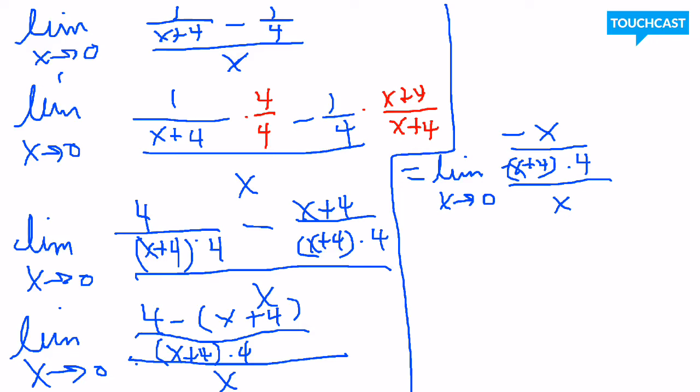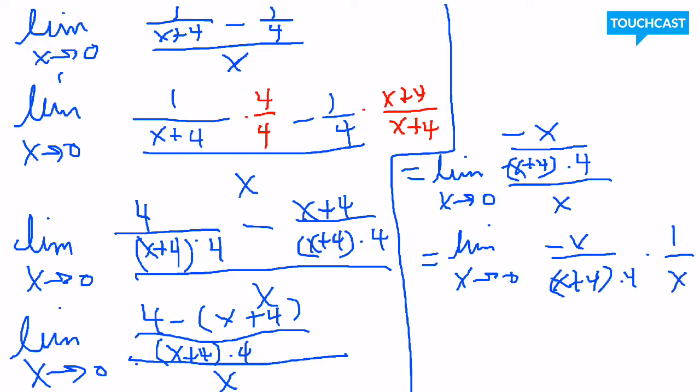That x I can think of as x over 1. This is the same as the limit as x goes to 0. Instead of dividing negative x over x plus 4 times 4 by x, I can multiply negative x over x plus 4 times 4 times the reciprocal of x, which is 1 over x.